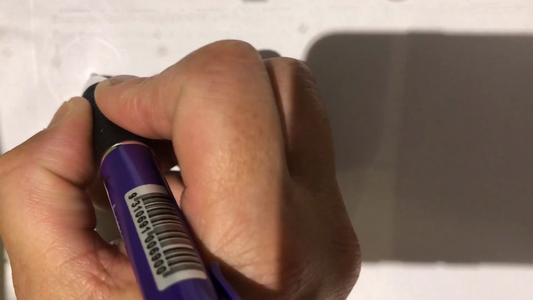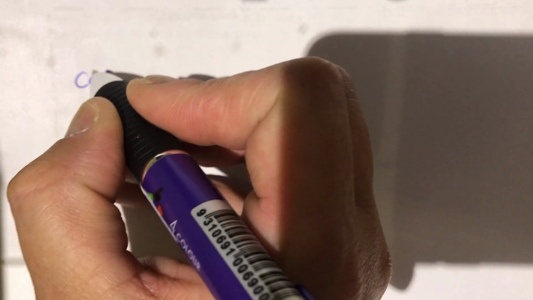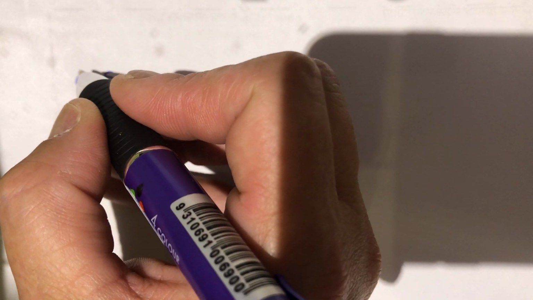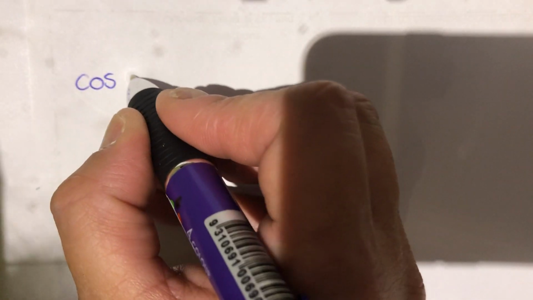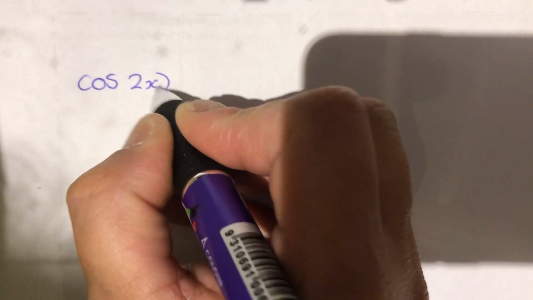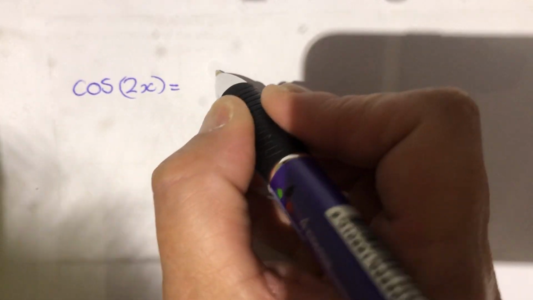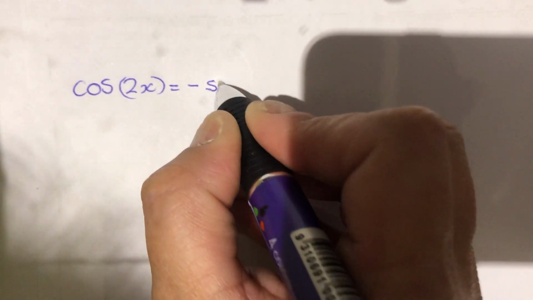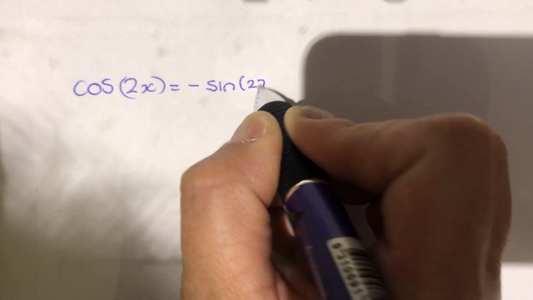Okay, so let's do this. All right, so we are going to say cos of 2x is equal to negative sine of 2x.